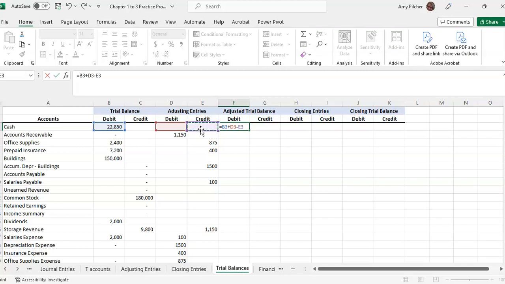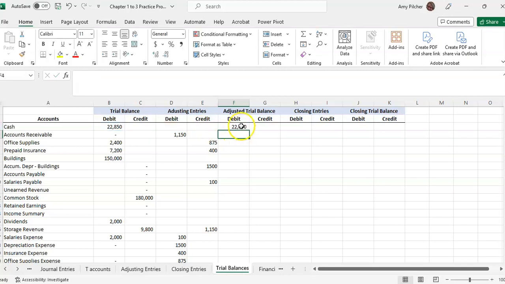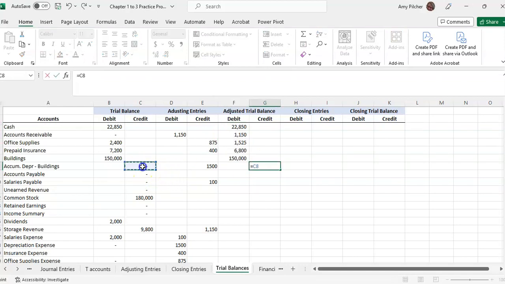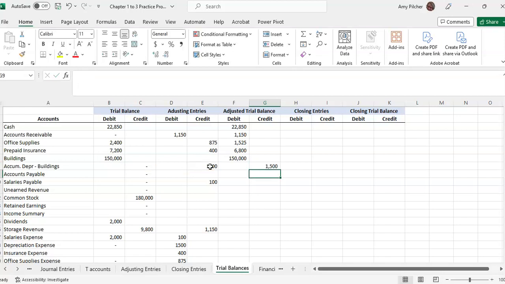So this is to get the new balance for the asset account. So I'm just going to pull down for asset accounts. Okay. Then on accounts that have a normal credit balance, I'm going to take the previous balance plus any changes to the credit side. And we're going to pull those down.